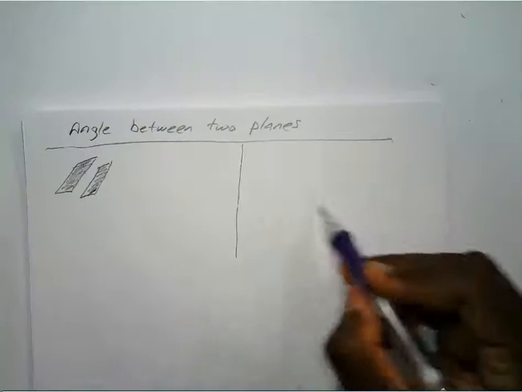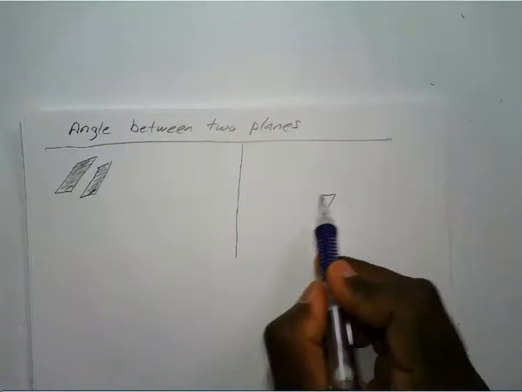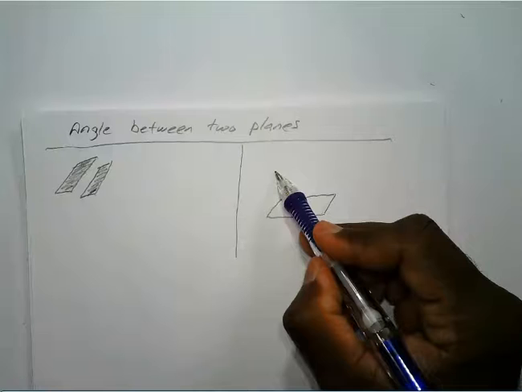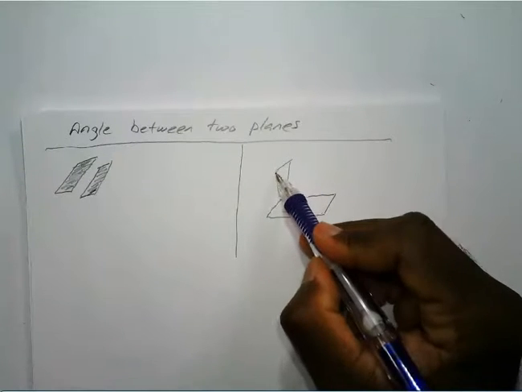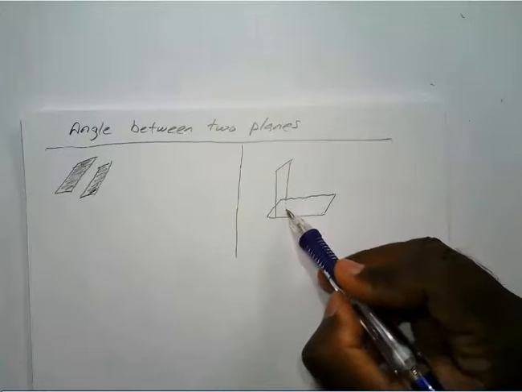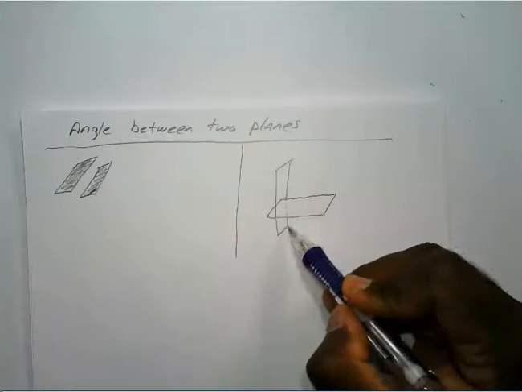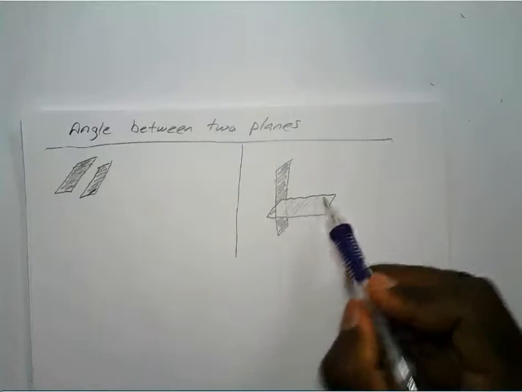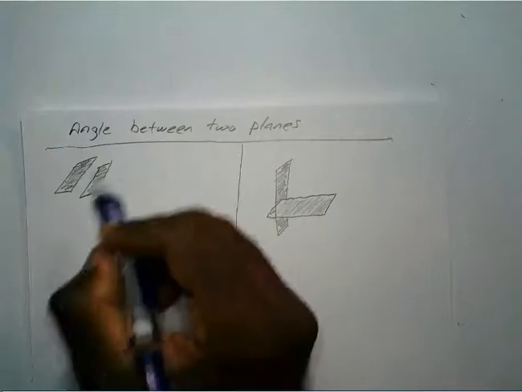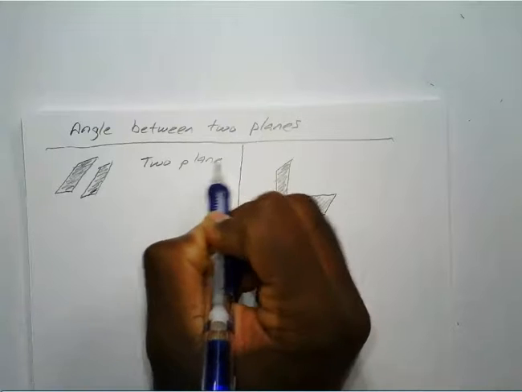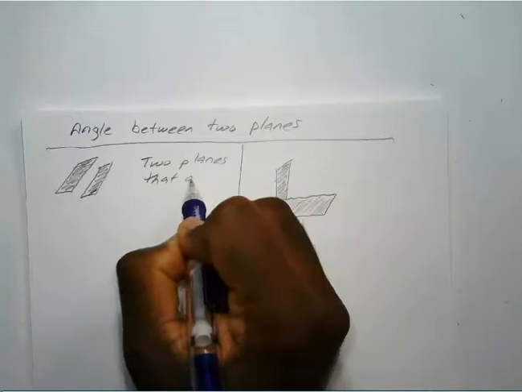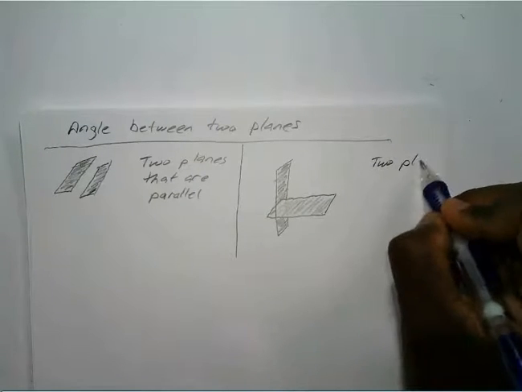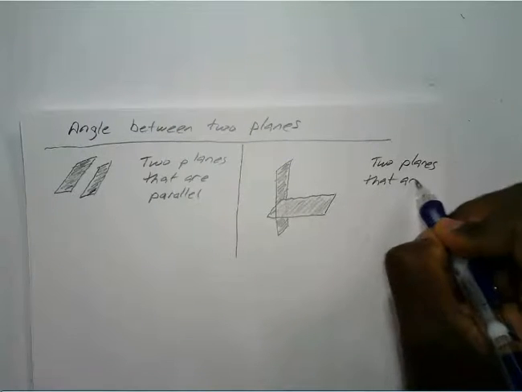And let's say here we have two planes here that are perpendicular. Okay, so here, two planes that are parallel and two planes that are perpendicular.